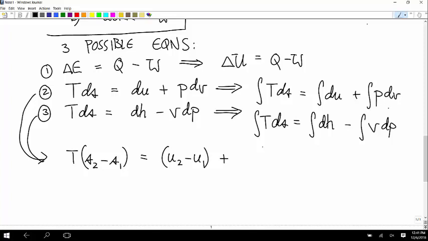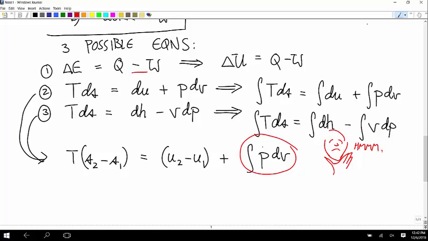We don't have pressure given as a function of volume here, but that integral of p dv we can probably put in a form where we can use it to calculate the work. Everything else we can look up.